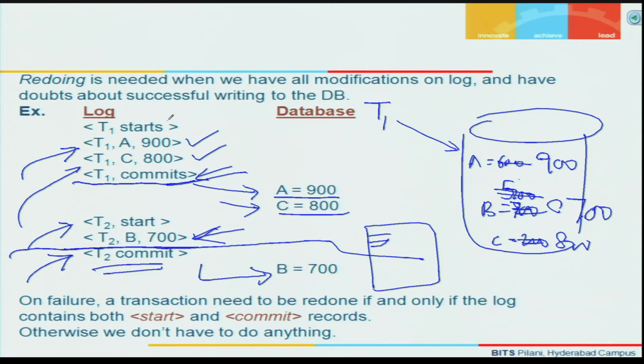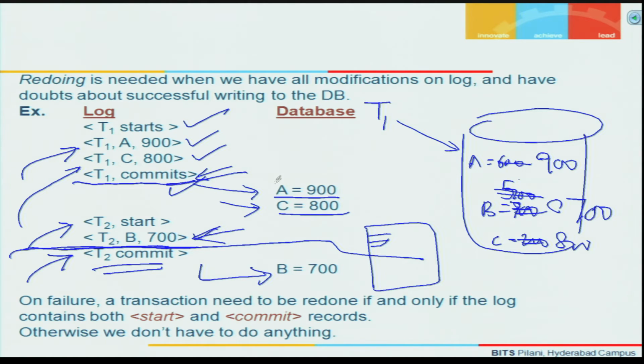How many transactions are there at the time of failure? Two transactions, T1 and T2. T2 has been started and committed. That means after commit, the system might have tried to write the updates to the database. Hence, for a transaction which has both start and commit records in the log, we will be applying the redo operation.